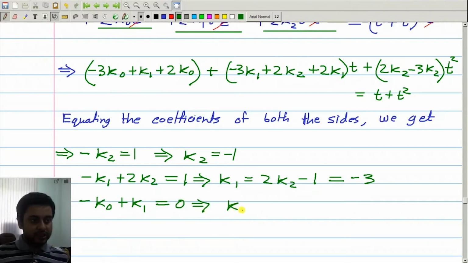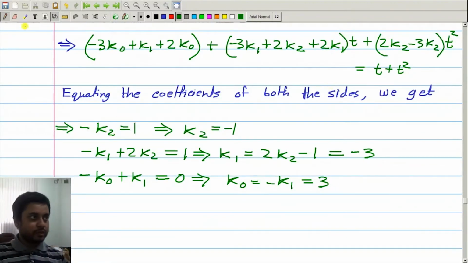So k0 is equal to k1, that is minus 3. This should be plus and this should be minus.